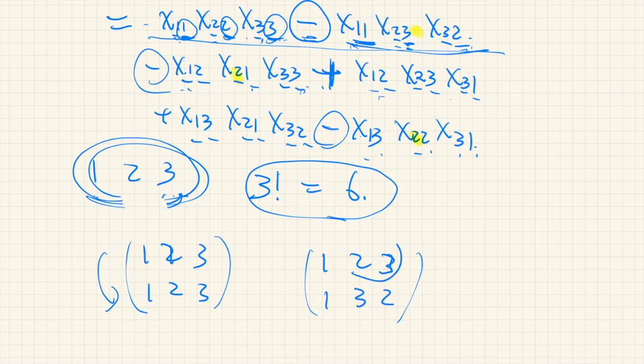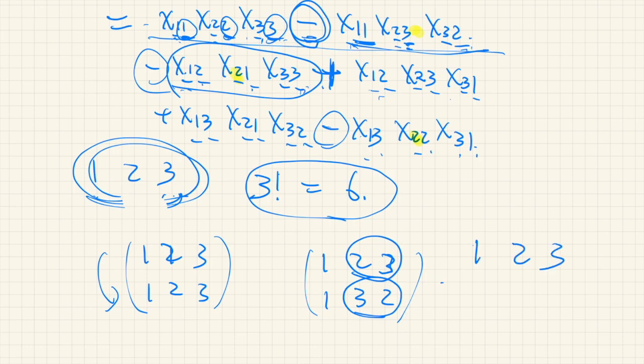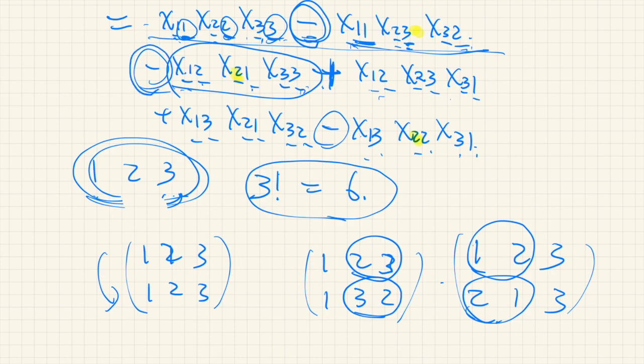So we swap these 2 numbers once. So this is an odd number of times, so that is negative. Okay, and let's consider this one. 1, 2, 3 becomes 2, 1, 3. This can be obtained by swapping 1 and 2 only once. So that is an odd number, and we have a negative sign here.